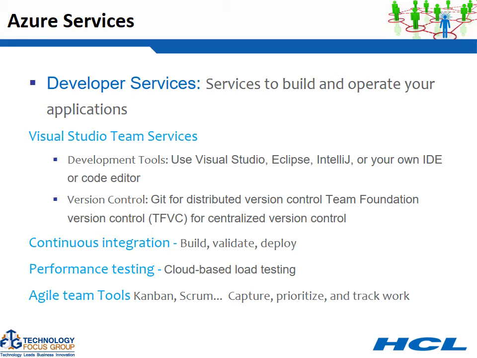Once the application is deployed, performance testing can be automatically started on it. So this will do something like cloud-based load testing. Other than that, program management tools like Agile team tools, Kanban, and Scrum, through which you can capture, prioritize, and track work, are also available in Azure.